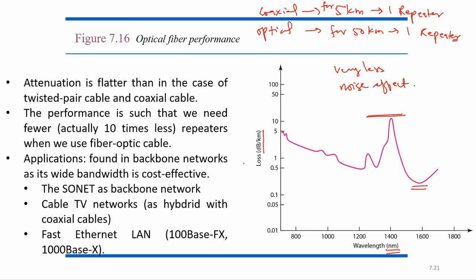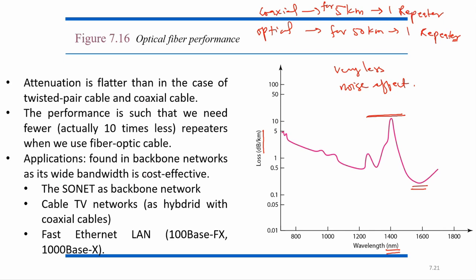This is because there is very little loss per kilometer. Whatever loss the optical fiber incurs in 50 kilometers, the coaxial cable incurs in only 5 kilometers. That's why there is a very low noise effect.